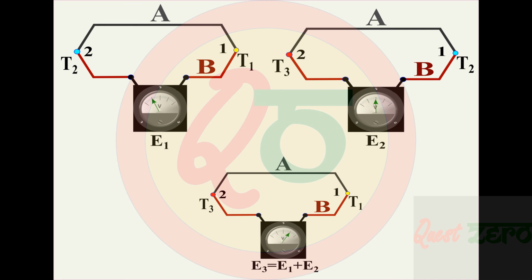So if you observe the needle in the voltmeter, it is getting incremented by 5 units. In the first arrangement, E1, we consider it to be 5 volts, in the second arrangement we consider it to be 10 volts, then the sum of 5 plus 10, which is 15 volts, is represented in the third arrangement. So this concludes what thermocouples and laws of thermocouples are.